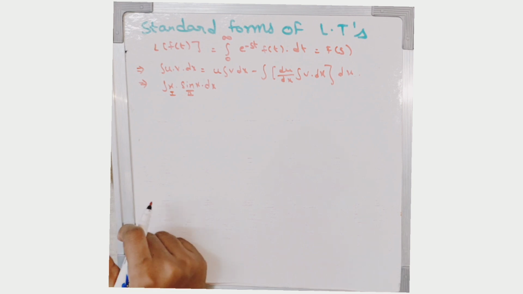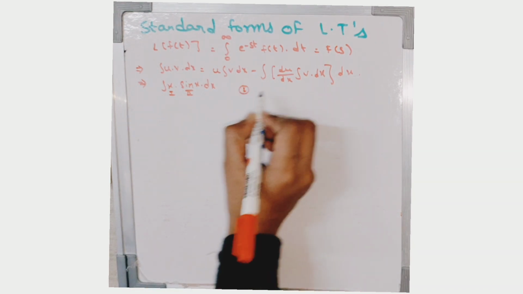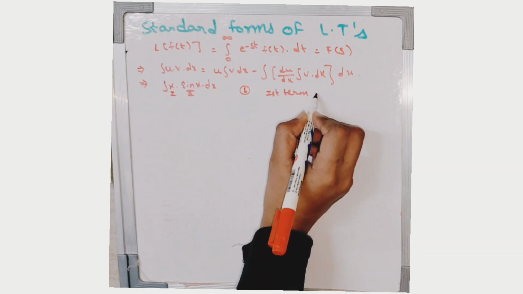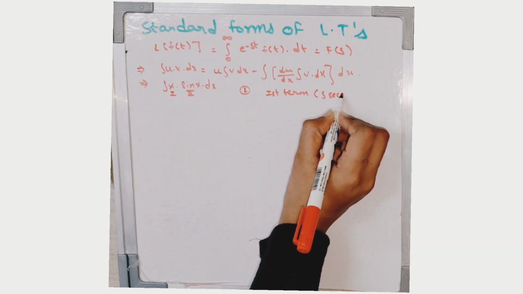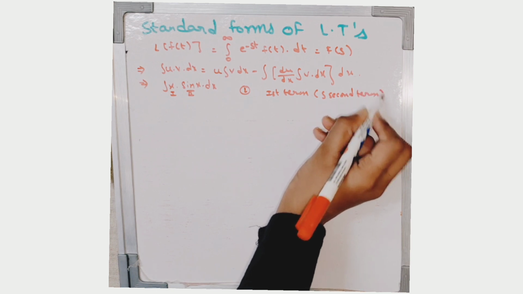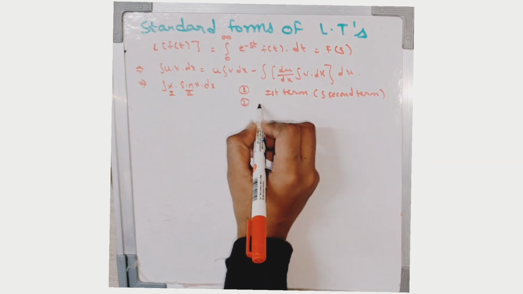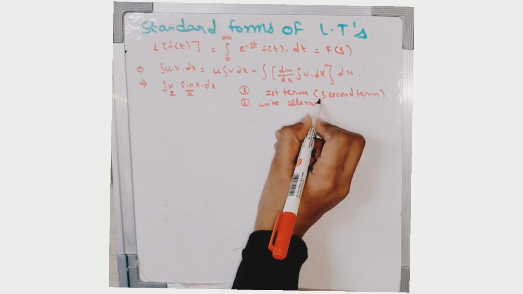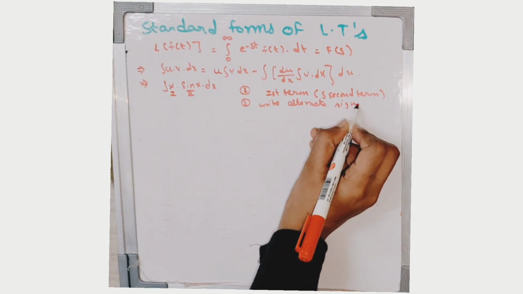What is the next step? Step 2 is first term into integral of second term. The third step is write alternate signs.